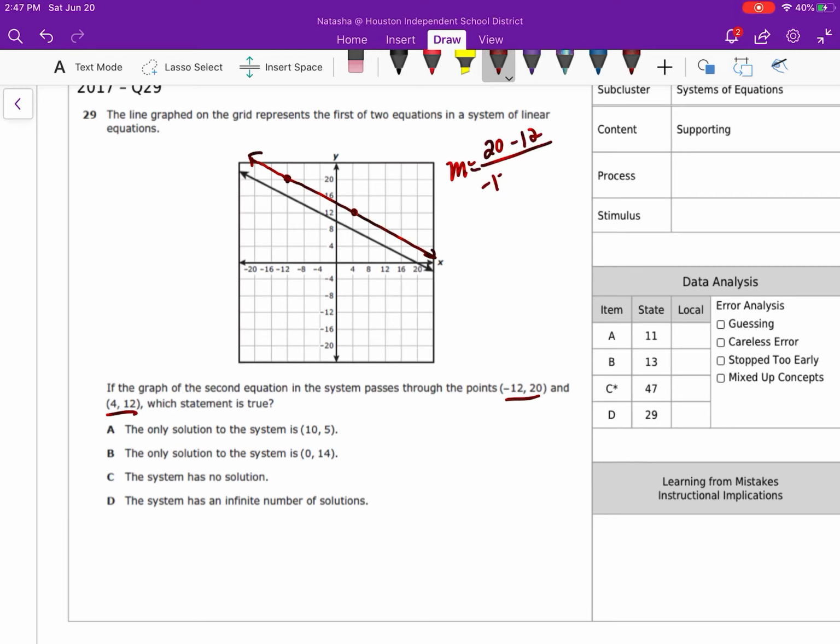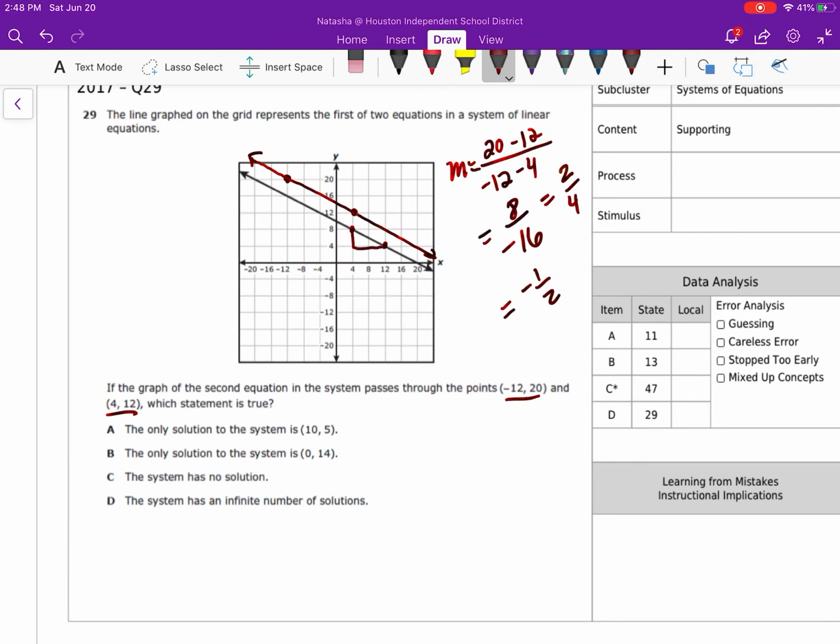So I'm going to say 20 minus 12 over negative 12 minus 4. 20 minus 12 gives me 8, and then negative 12 minus 4 gives me negative 16. 4 goes into 8 two times, and into 16 four times, so that simplifies to negative 1/2. So this has a slope of negative 1/2.